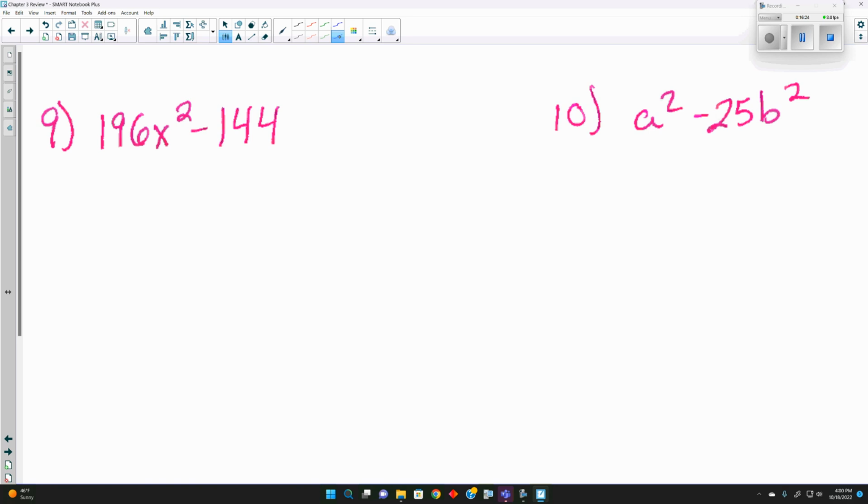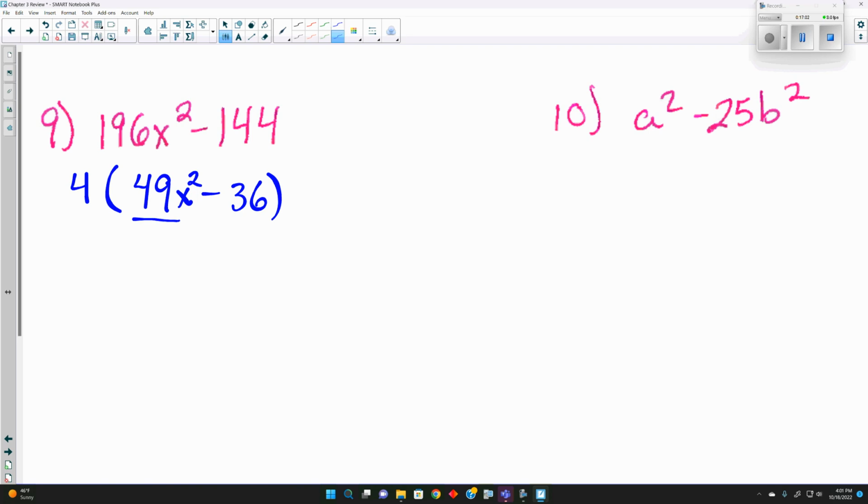Well, we know 2 will go into both of them. 4 will, because I could factor 4 out of both. 4 goes into 196 and 144: 4 times 49 x squared, and if we take 4 out of 144, 4 times 36. So 4 is a greatest common factor. We could factor that out.